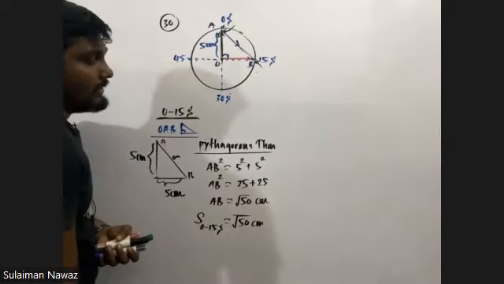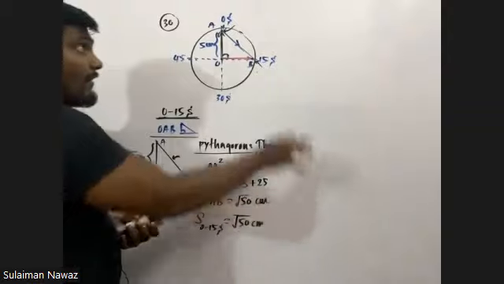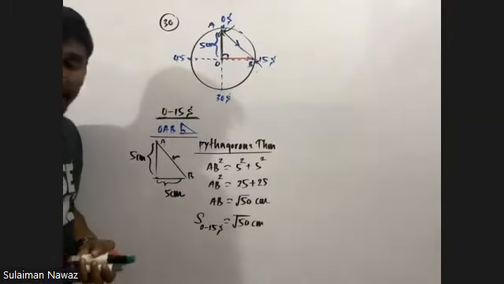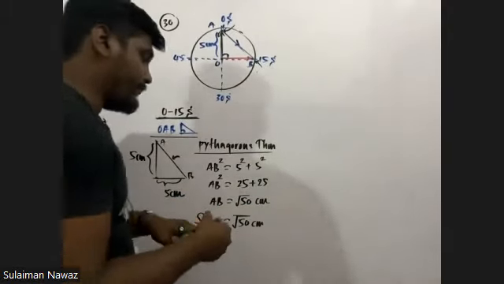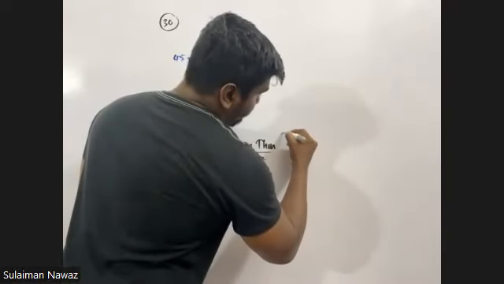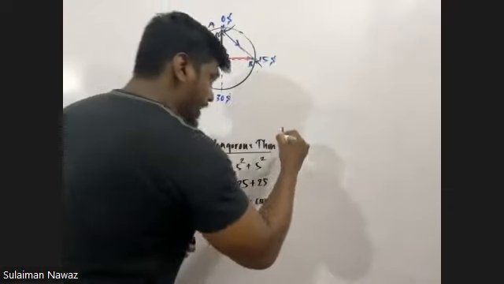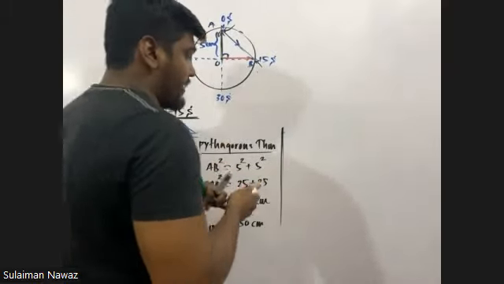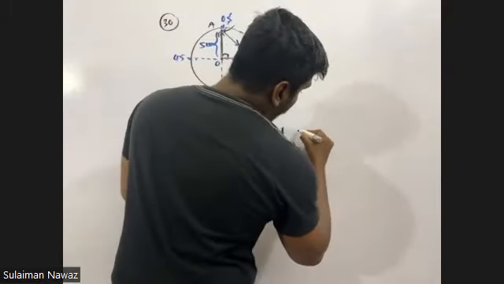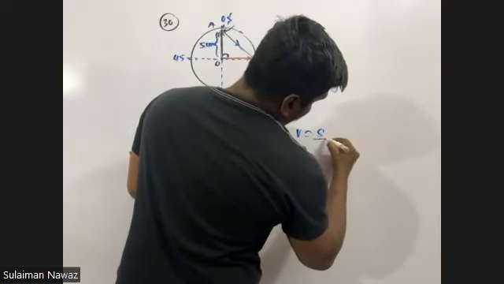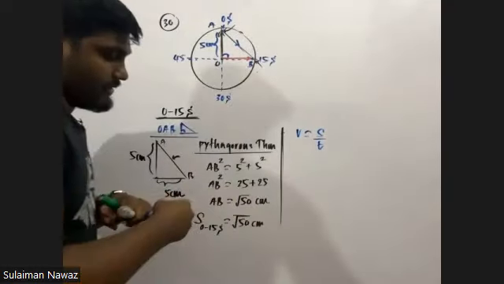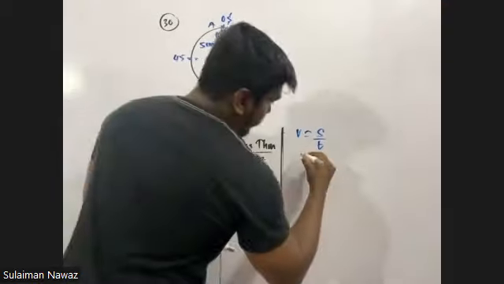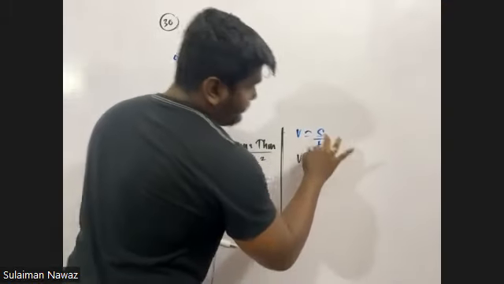Then if you want to find the velocity of the tip, you know displacement, and you know time. Time is how much? 15 seconds, right? So velocity means displacement over time, right? So the velocity of the tip is how much?